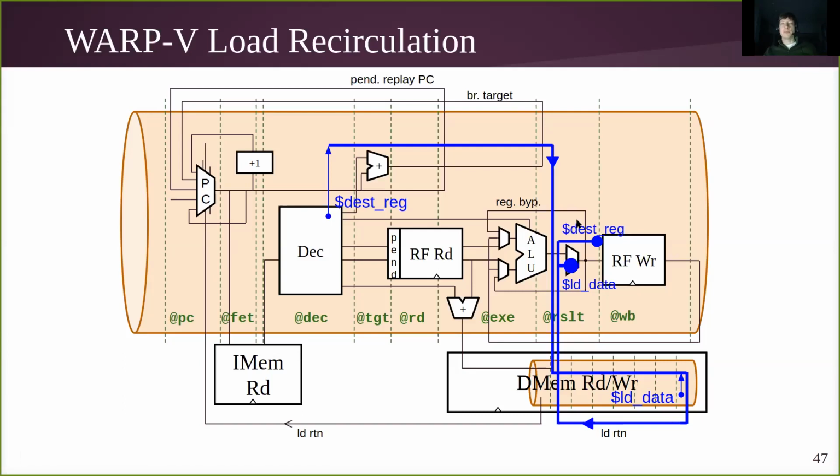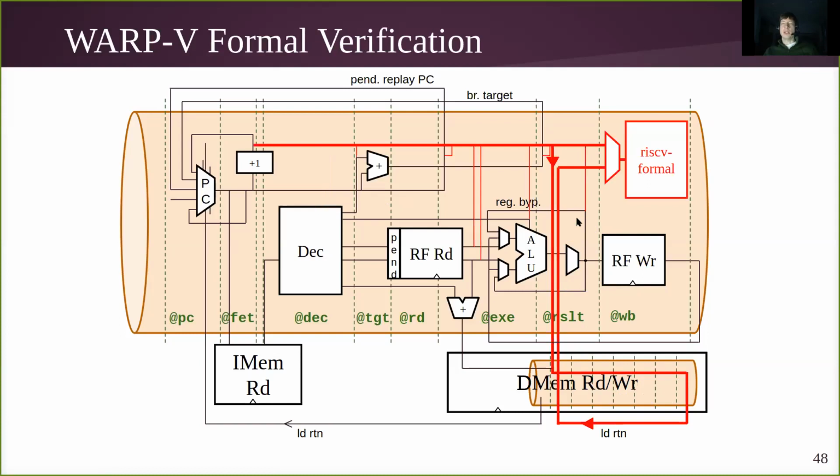So our verification challenge now: we have a verification infrastructure called RISC-V formal. This framework is a bunch of verification checks to verify that our implementation is, in fact, a valid RISC-V implementation. And we need to feed this RISC-V formal infrastructure with instructions one at a time.